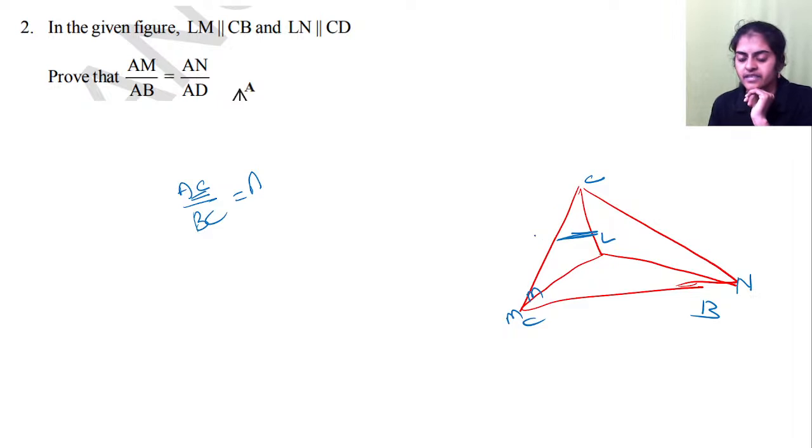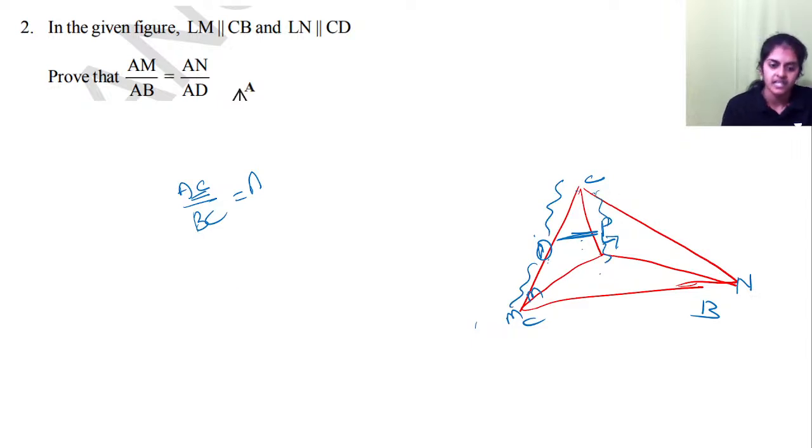See here. Suppose I take this point as M, O and P. So OC by OM is equal to PL by P. What did I take here? O and G. Okay, so let it be J. So here LM, using BPT I can say this ratio is equal to this ratio.